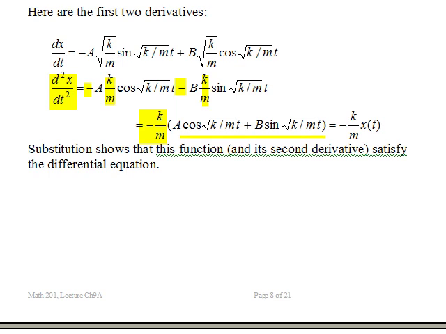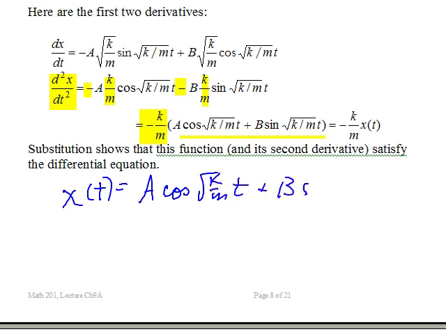If you remember, which you probably don't, and I don't blame you, from the other page, x of t was a times the cosine, root k over m times t, plus b times the sine, square root of k over m times t. So you see, after I took the second derivative and did a little bit of manipulation on it, I ended up with minus k over m times the function itself.